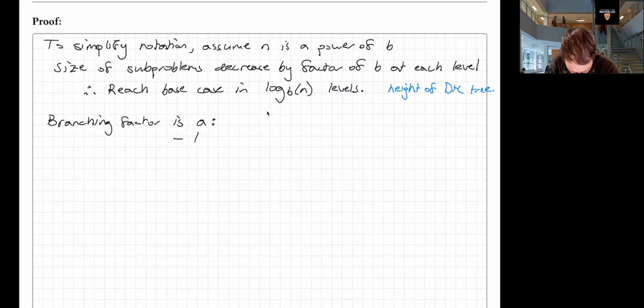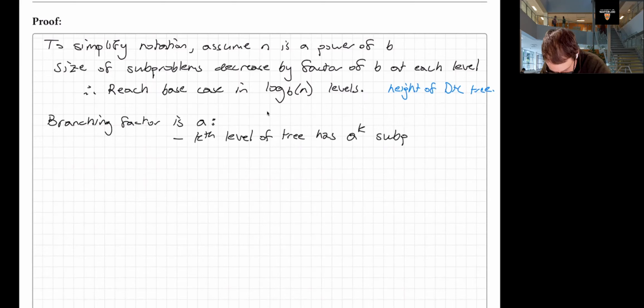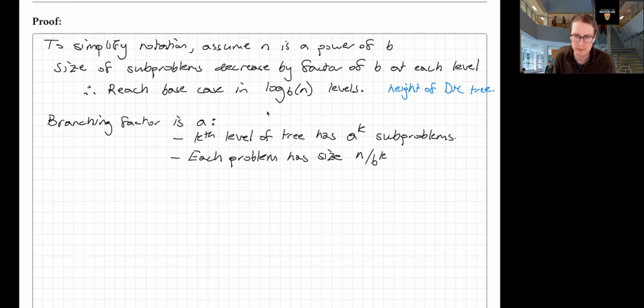That means that the kth level of the tree has a to the power of k subproblems. It was 3 to the k in the example above. And each problem in that level has size n over b to the power of k.